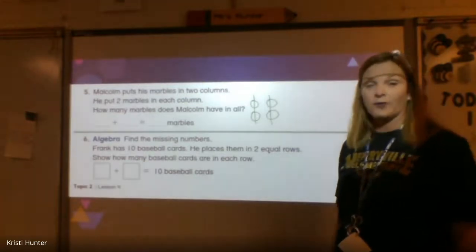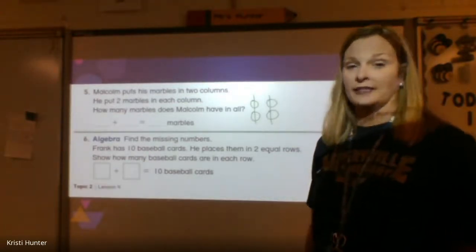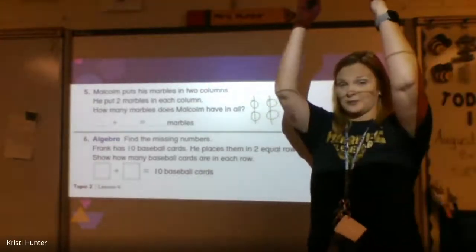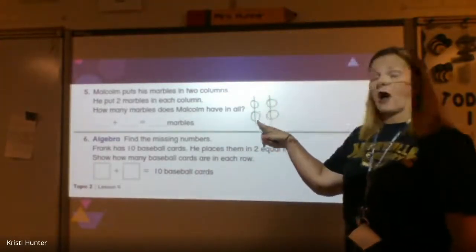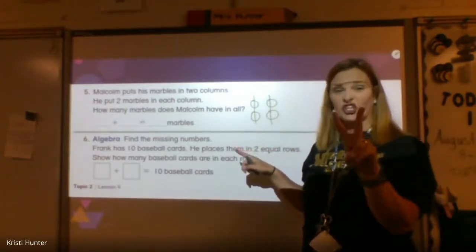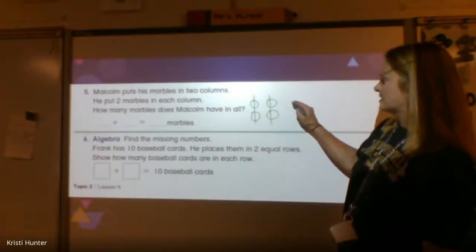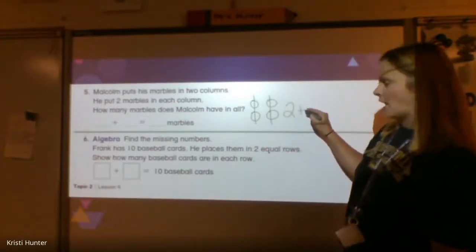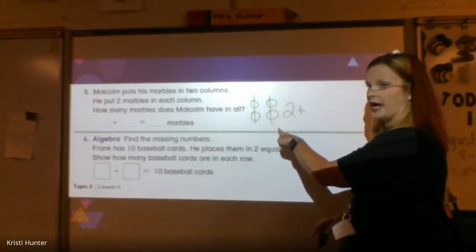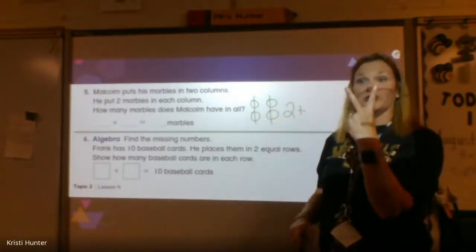And now we're ready for our equation. So if we take a look, we've done our columns, right? So look at our first column. How many marbles are there? 2, right? So my equation is going to say 2 plus, look at your second column. How many marbles are there? 2, right?